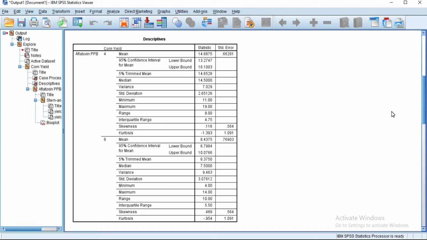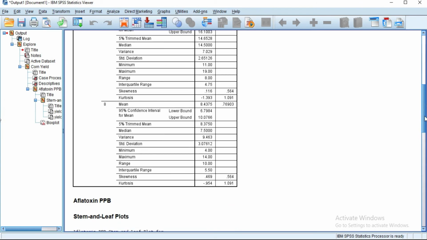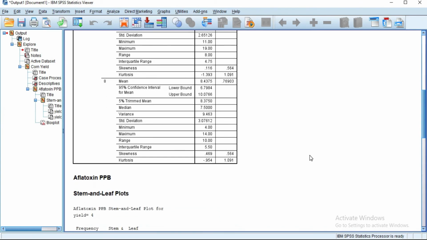So similarly, for yield number 8, if you divide this skewness statistic by its standard error, the answer is less than 1. And similarly, for the kurtosis, if you divide this value by its standard error, that result is also less than 1, ignoring the negative sign.